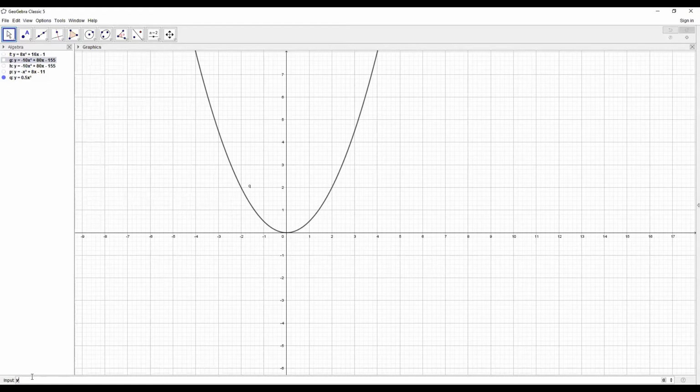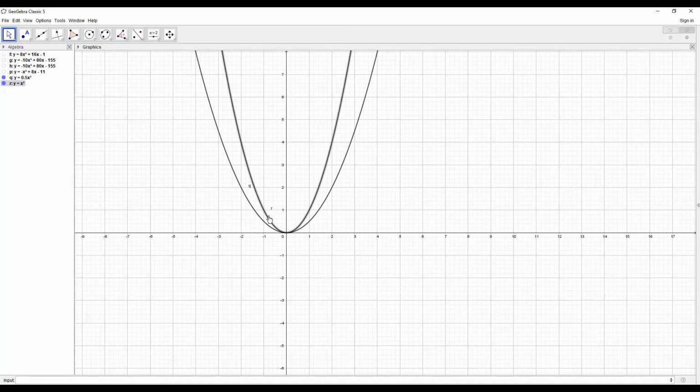I strongly encourage you to play around with this yourself. Either go online with GeoGebra or some other freeware that does this, or use a graphing calculator and compare. So y equals x squared is the one on the inside here, labeled r.